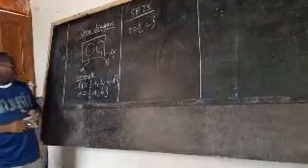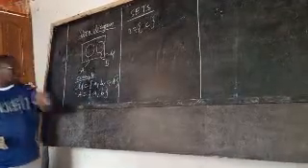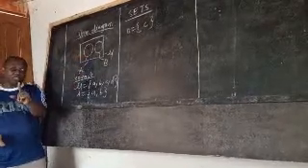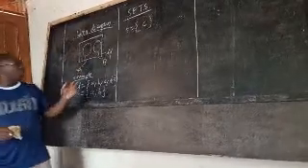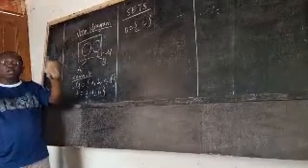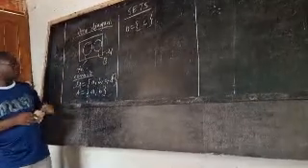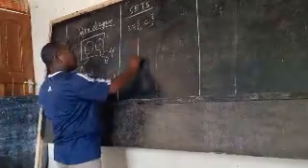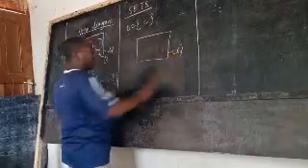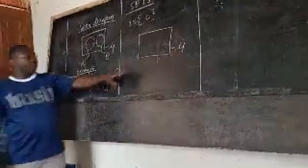Then you are asked to represent these sets in a Venn diagram. So the first step, you must draw the box which represents the universal set of those sets.